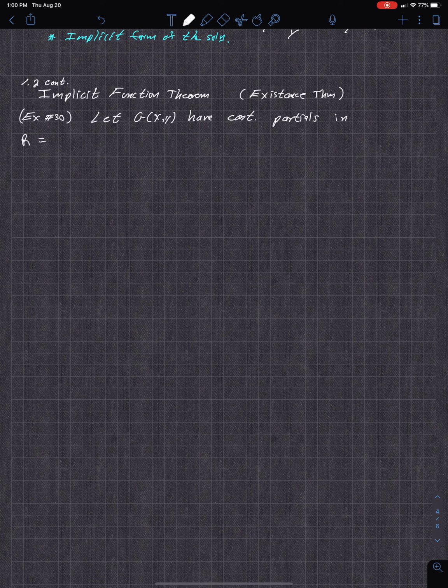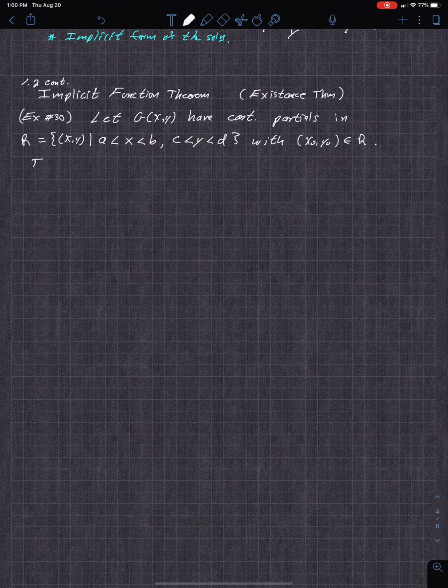So R is equal to the set of (x, y) such that a is less than x less than b. So it's open, right? Because I'm not going to those edges. c less than y less than d. So that's a rectangular region with (x naught, y naught) in that region R.